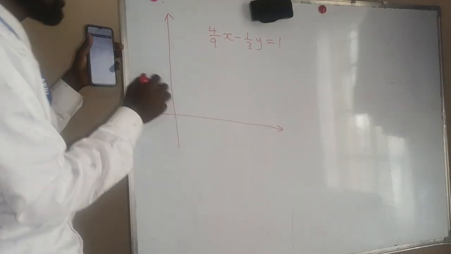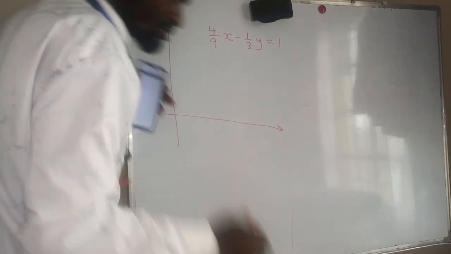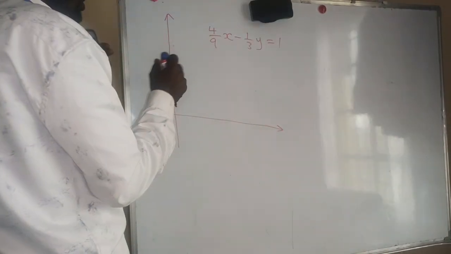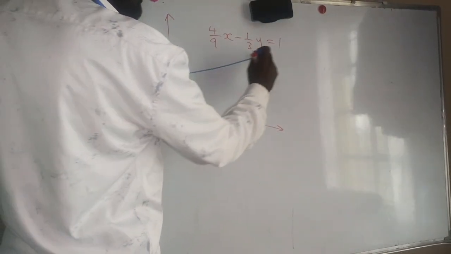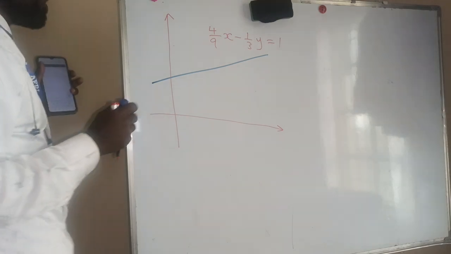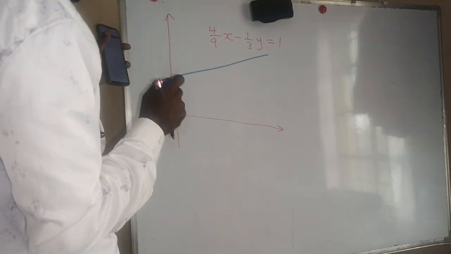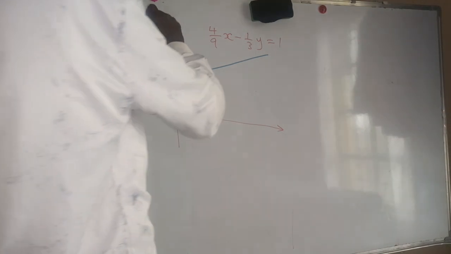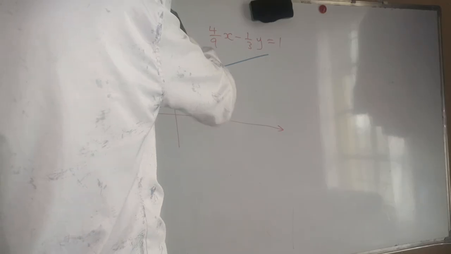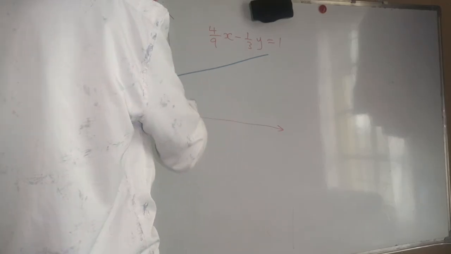Let's say, for example, this is our line. This is our line, the one I've been able to get given the equation. So you're told to get the equation of a perpendicular to the line at its y-intercept.